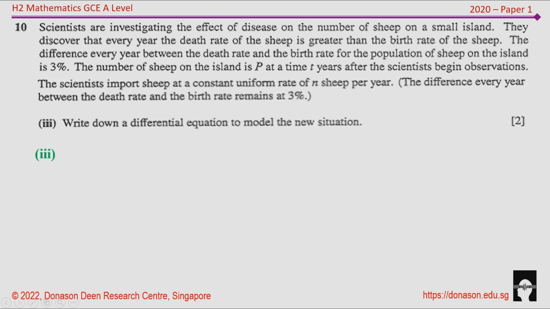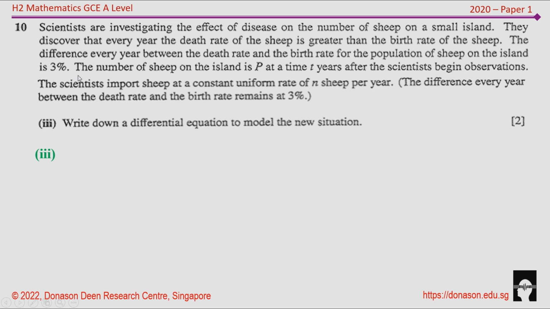Now what happens is that the scientists are investigating the effect of a disease on a number of sheep on a small island. They discover that every year the death rate is greater than the birth rate. Still, the difference every year is the same 3% as we read earlier.